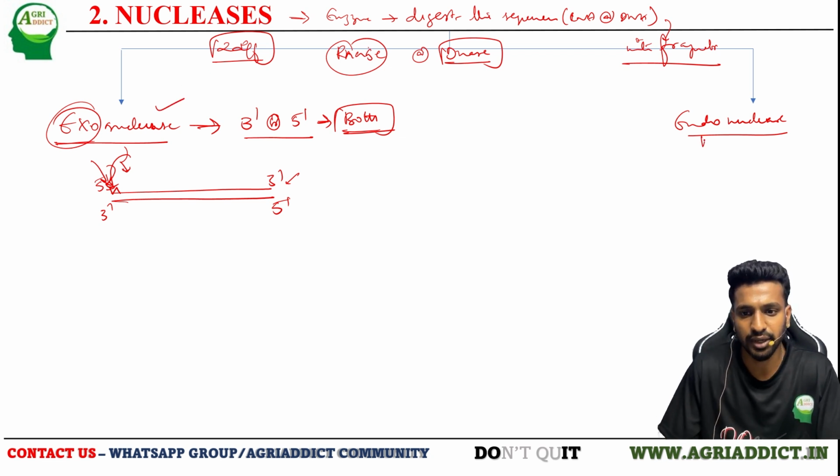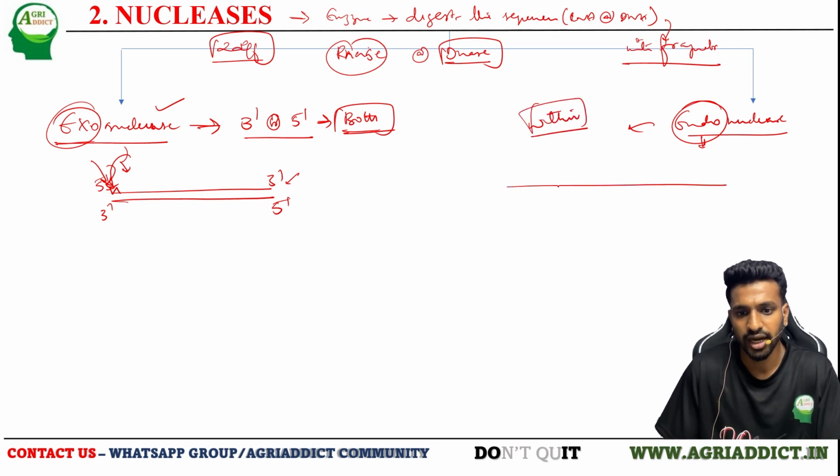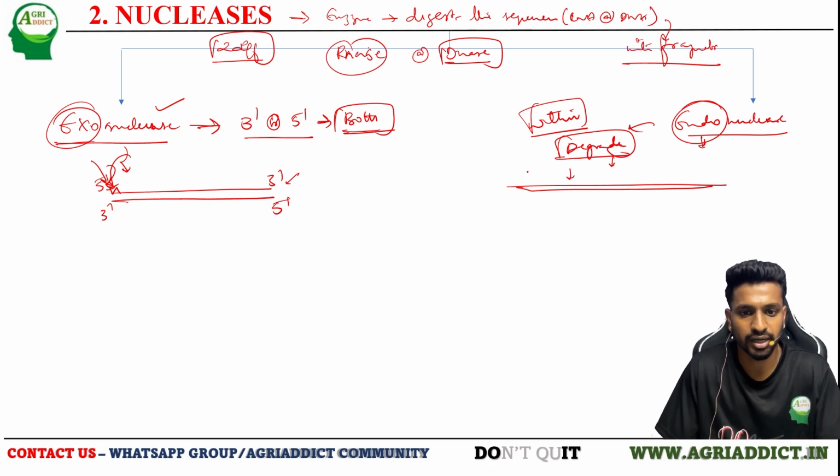Next we have the endonuclease. Endo, from the Greek term, means within. That means it will produce internal cuts. The endonuclease will degrade the DNA by producing internal cuts. That means it can act on any stretch of DNA at any location, not only at the ends. It can also act in between the nucleotides.